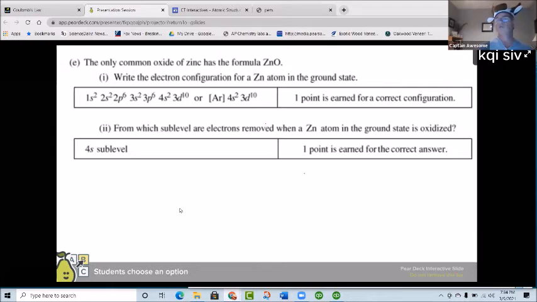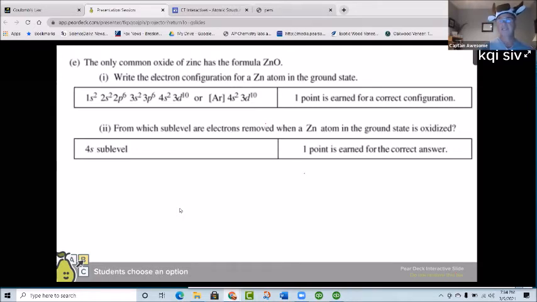And then when we remove electrons, some of y'all said 3d, but the key is you're always going to remove electrons from the outermost energy level first. So you're going to pull the 4s electrons because they're farther away from the nucleus than the 3d.